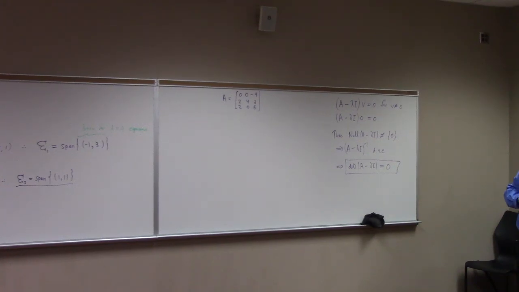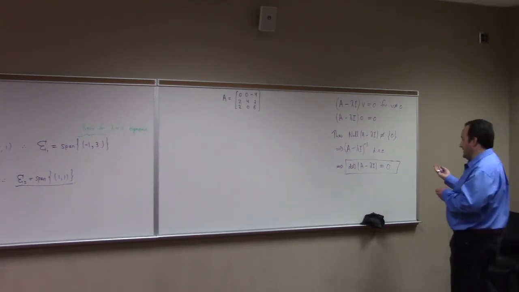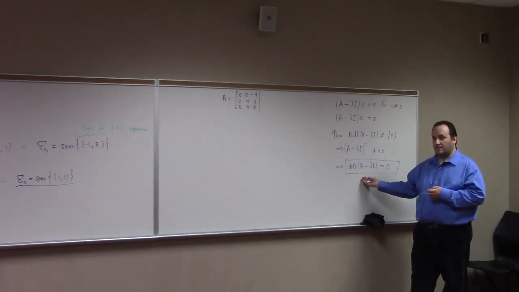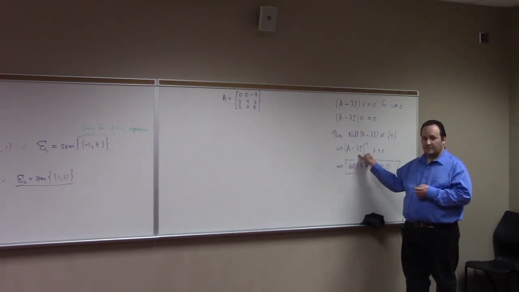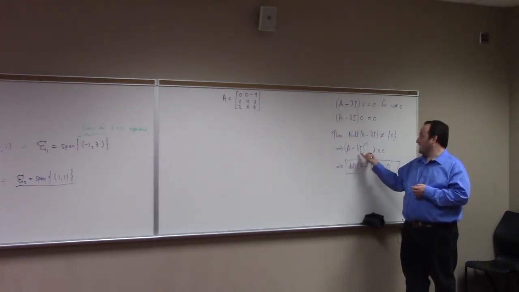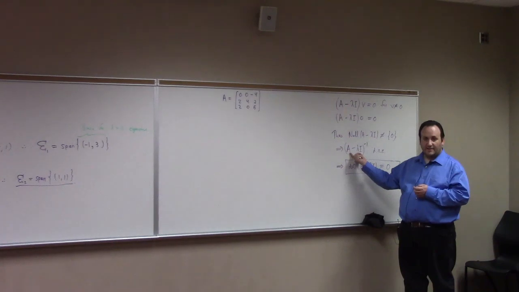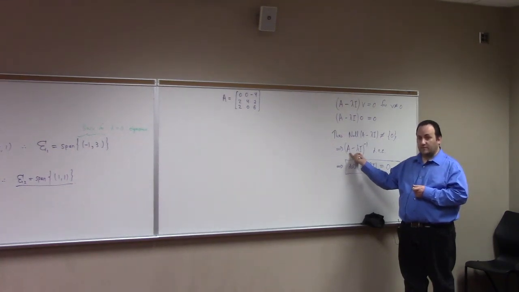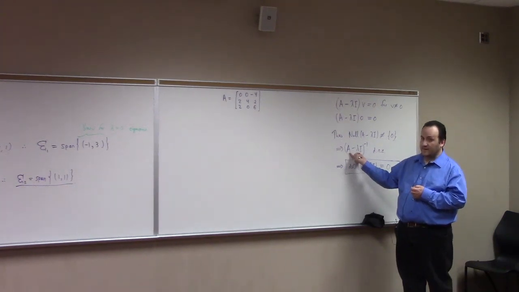So that's why I'm looking at the characteristic equation. But this chain of thought also reverses. So if this is equal to 0, then the inverse does not exist, which means that the matrix A minus lambda I has more than just the 0 solution to the homogeneous problem, as we discussed. And that more than just 0 solution to the homogeneous problem for A minus lambda I is an eigenvector with eigenvalue lambda.